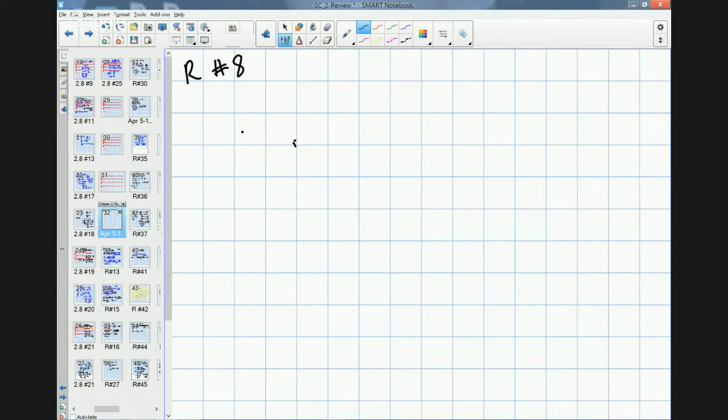Okay, so part A says, which rafter is traveling at a greater rate at T1? You notice there's a time there, T1. So in other words, to the best of your ability, which slope appears to be greater at T1?